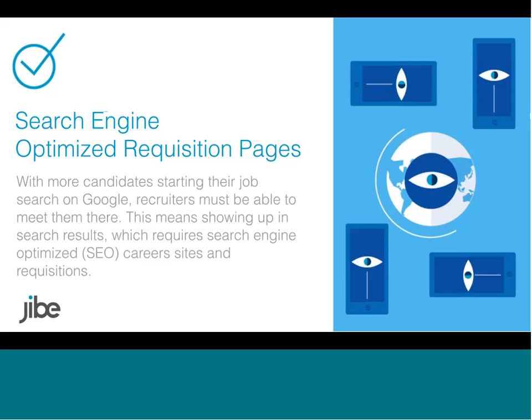So one of the ways that we help clients is we provide them with the technology that's going to allow them to make sure that they can put the right information into their sites so that they do well in the Google rankings and they show up above the aggregators.